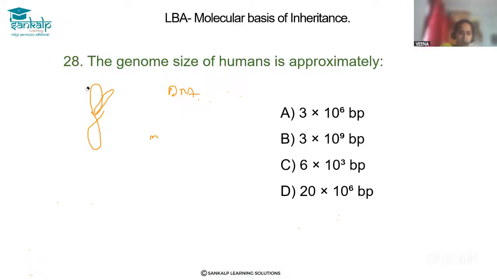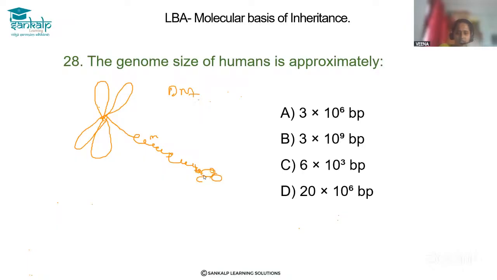Let me draw properly. So this is the chromosome, right? The chromosome contains the nucleosome structure with histone proteins, like that, and this is the double stranded DNA.